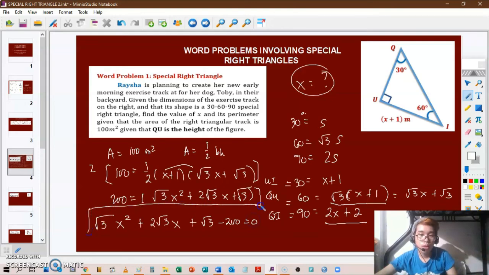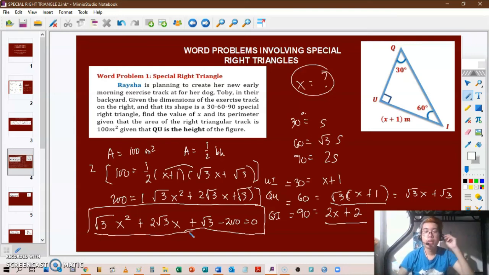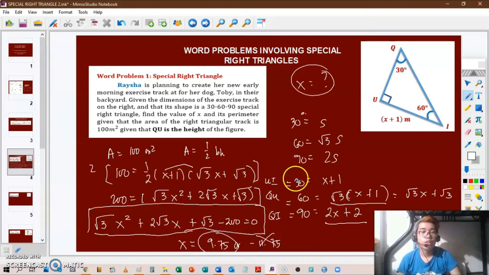And if you use MS Math Solver, or you can also use Symbolab, or you can also use the quadratic formula, okay, x is equal to negative b plus or minus the square root of b squared minus 4ac all over 2a, or you can also use your calculator, we will get that the value of x, okay, so it will have two values, and it's going to be equal to 9.75 or negative 11.75.